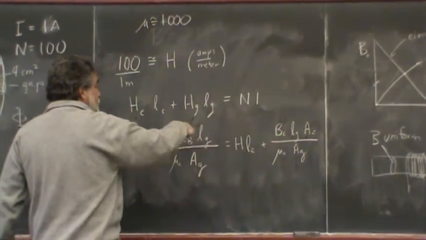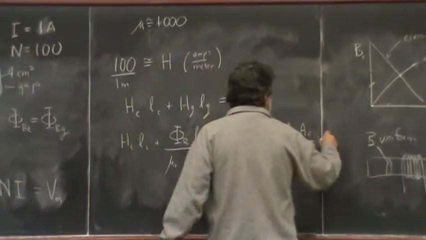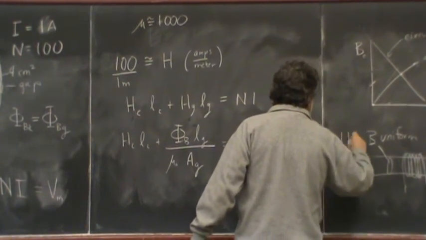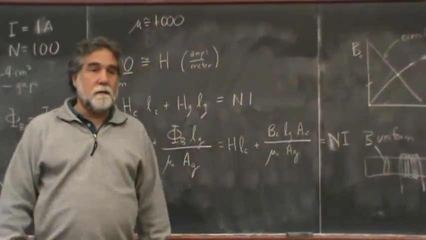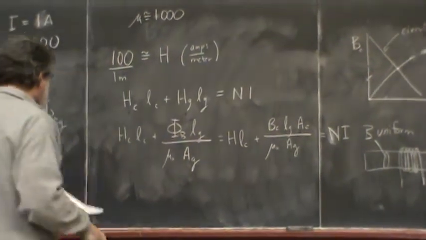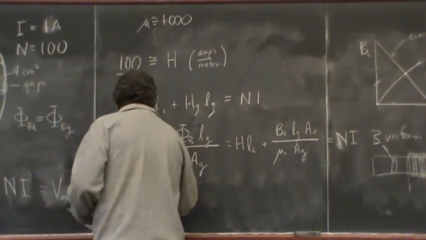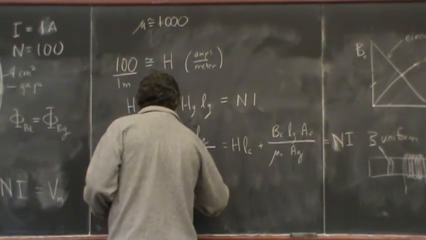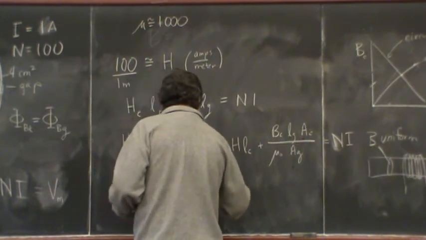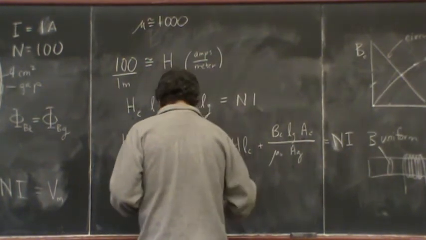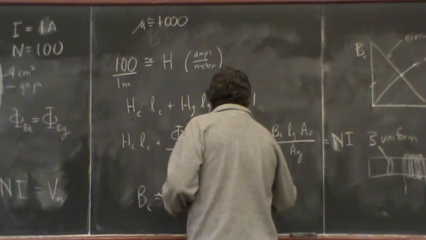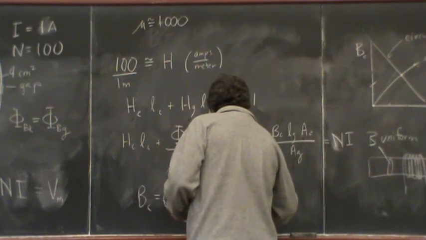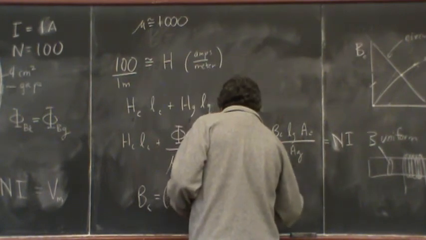So rearranging, remember this is equal to, I'll break that back out, Ni. So I've got a relationship here that says the magnetic field of the core is equal to Ni minus H core L core times A gap mu naught over L gap A core.